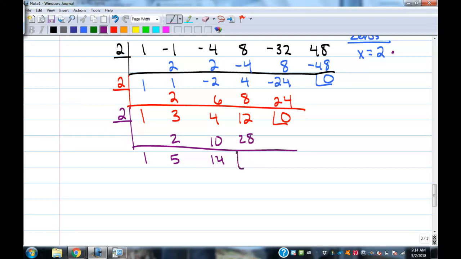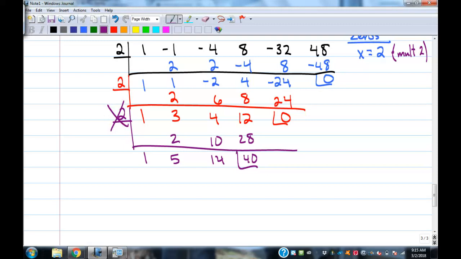That remainder is what? 40, right? Which is not 0. So that tells us that the multiplicity is 2 for 2. Doesn't work.